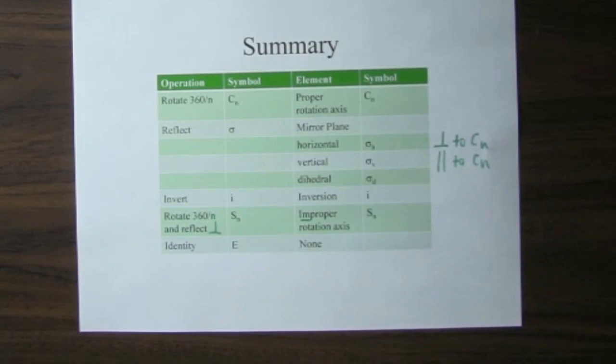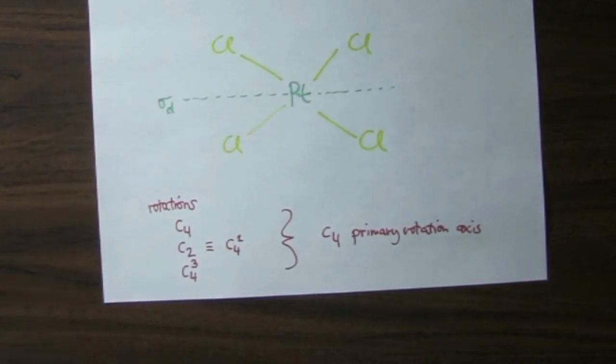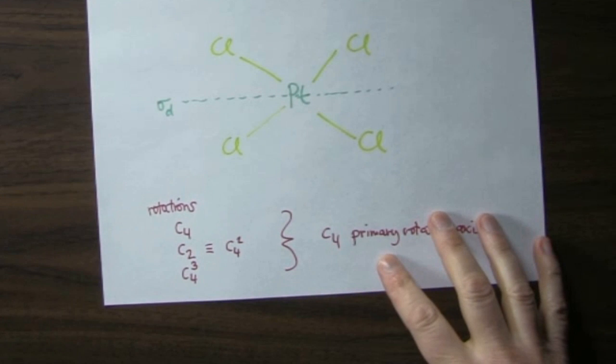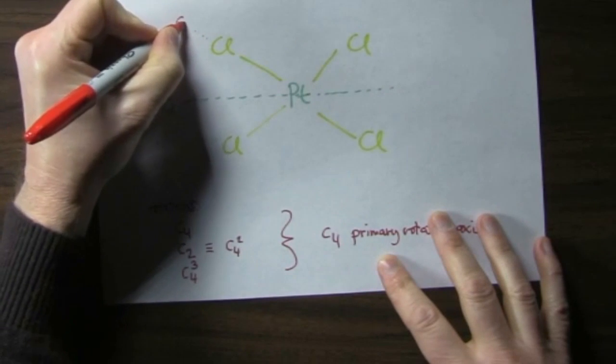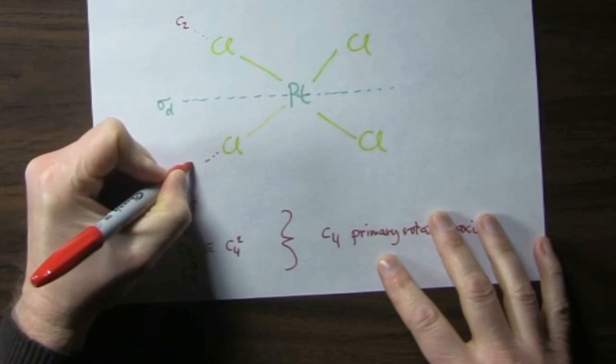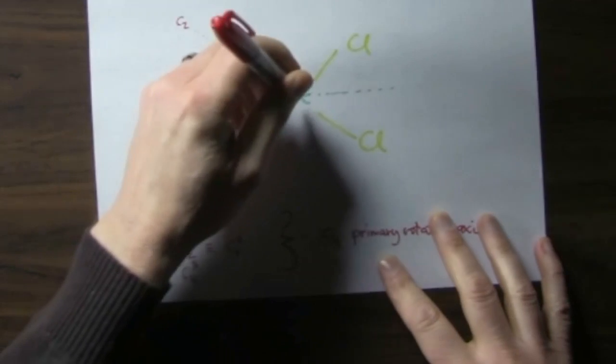Okay, let's get back to our platinum molecule. There's a few more things to illustrate here. And we looked at the C2 axes. We looked at the sigma d. Oh, and these C2 axes here. These C2s are perpendicular.